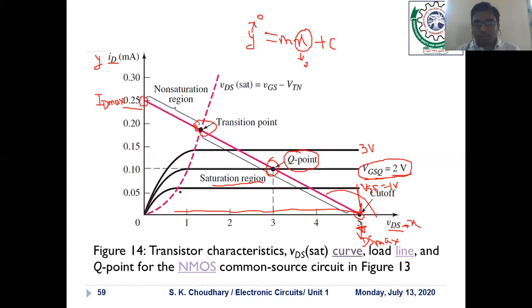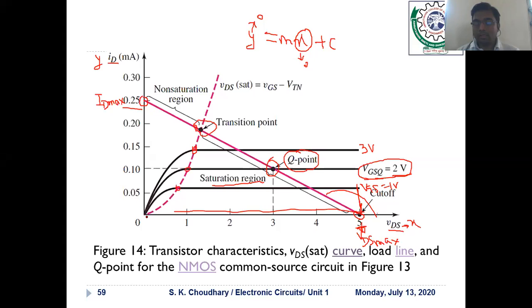When VDS is less than VDS sat, it is working in the non-saturation region, and when VDS is greater than VDS sat, it is working in the saturation region. This is the boundary condition between non-saturation and saturation. In the IV characteristics, it is very easy to locate VDS sat. For the first VGS, this is the VDS sat point. For the second VGS of 2 volt, this is the VDS sat, and when VGS is 3 volt, this is the VDS sat.